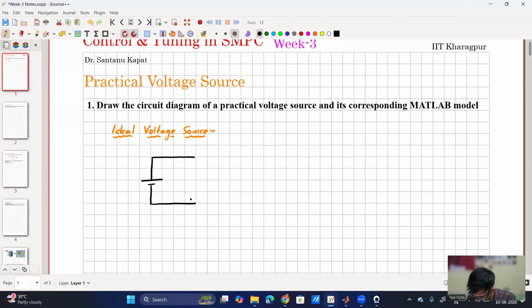So an ideal voltage source will look something like this. Here I can connect a load, resistor or anything. So this is my input voltage and it is drawing some current I0.